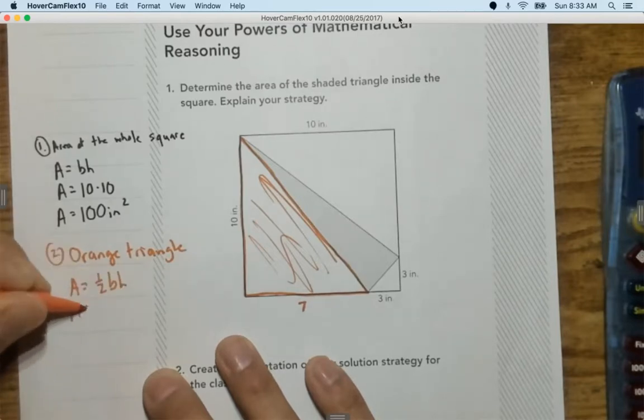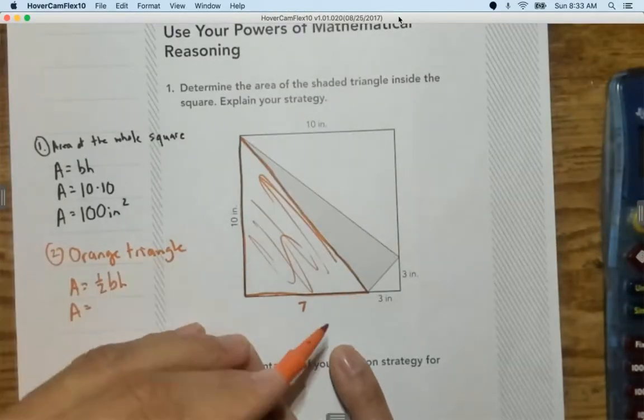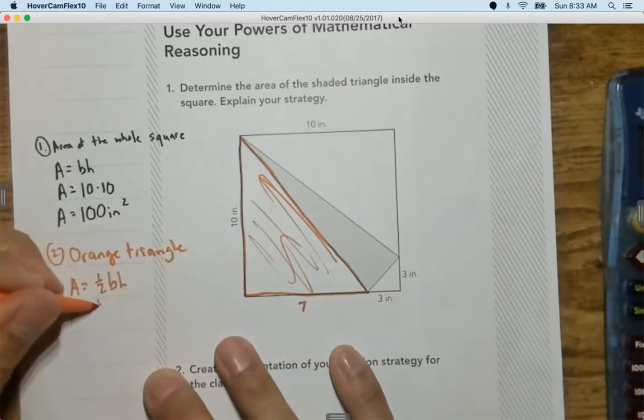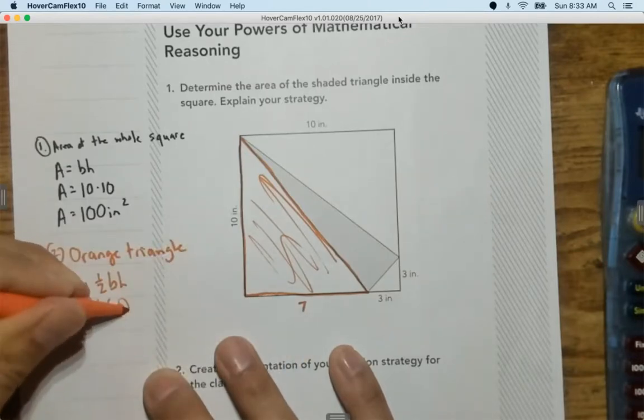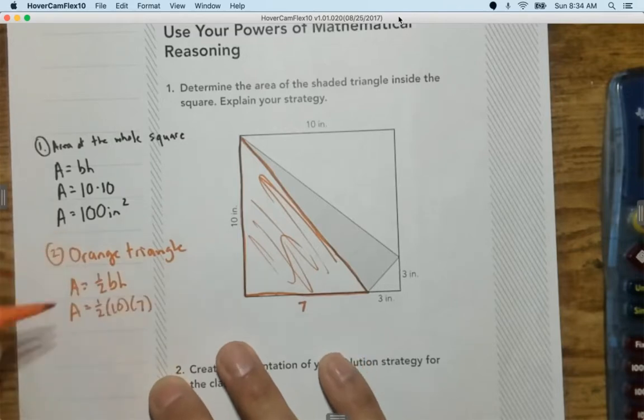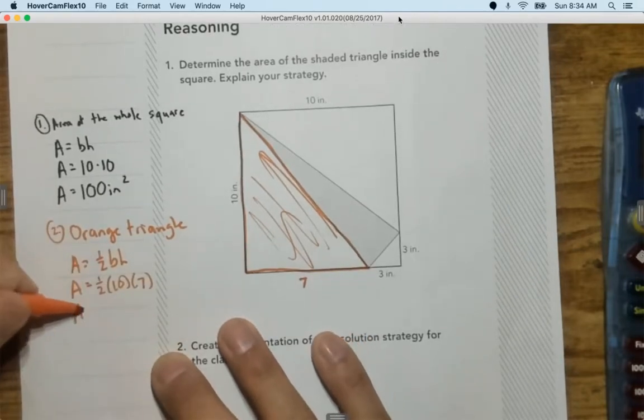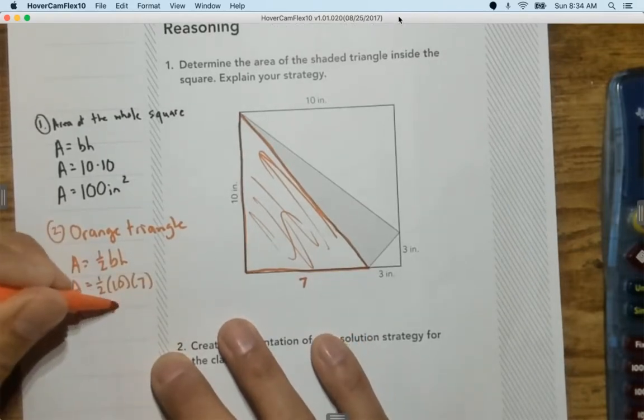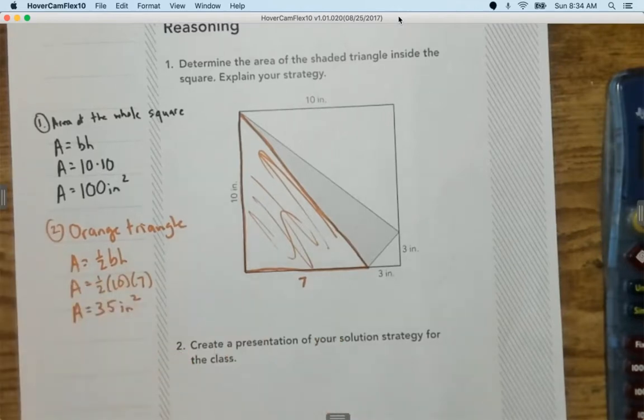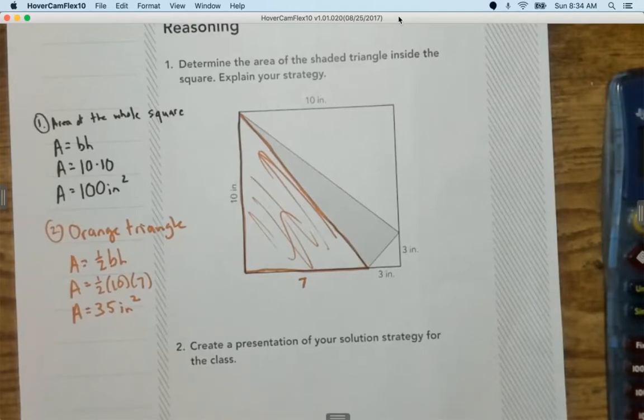I know for this triangle, I could consider either of these the base. So it's going to be 1/2 times 10 times 7. And then that's going to be 5 times 7, which is going to be 35 inches squared. Okay. And that's the orange triangle that I've made there. And I'd be taking that away from the area of the whole square.